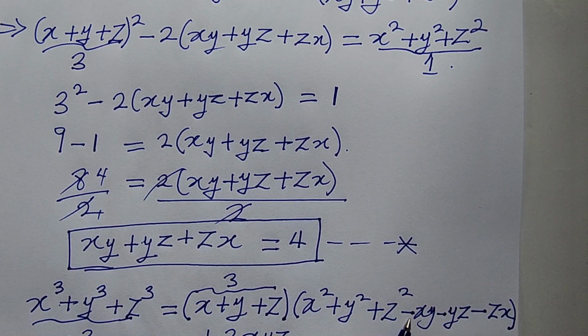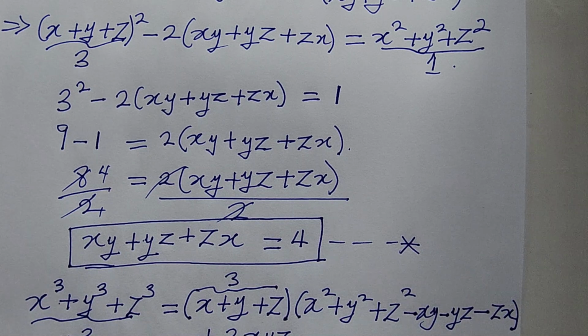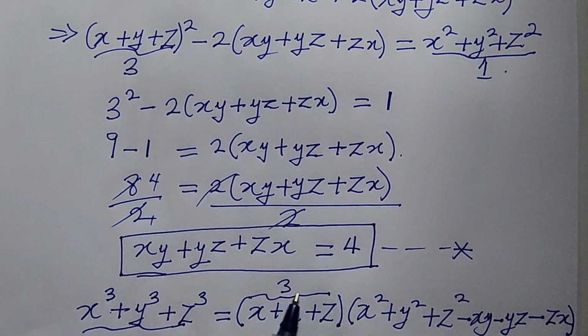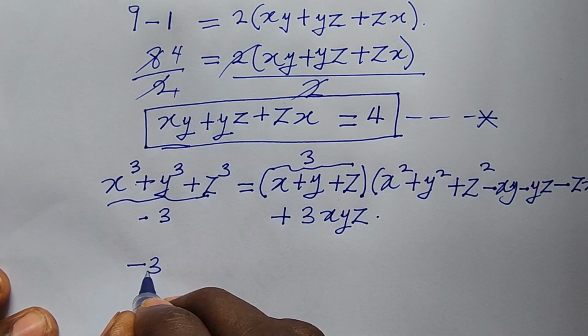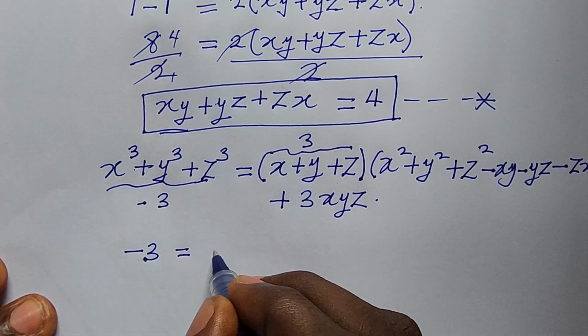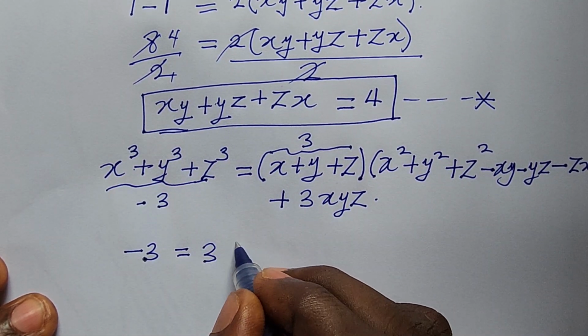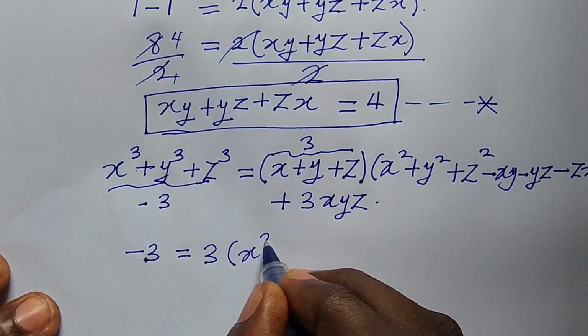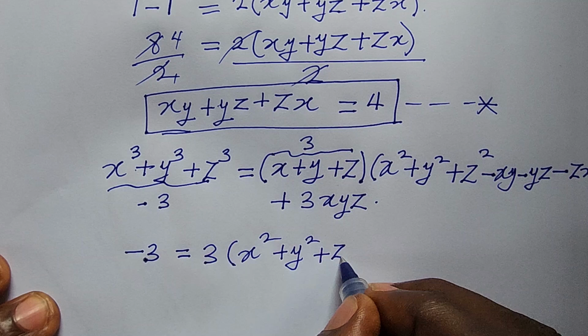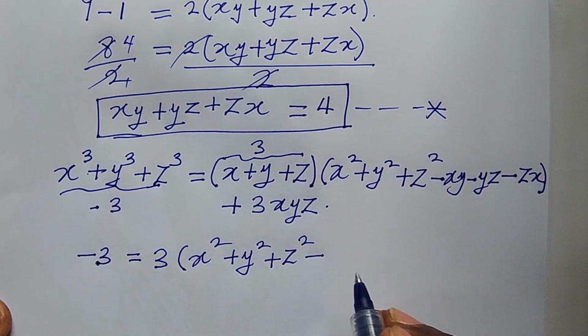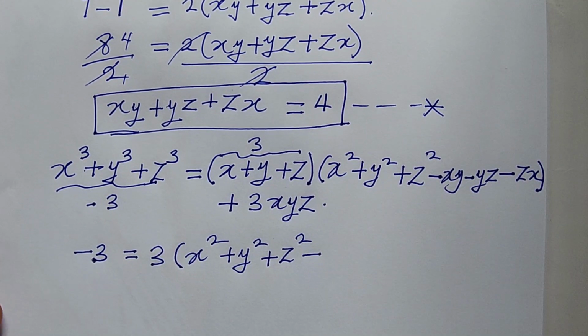Before we bring out this, let's just substitute this and see what this gives us. So we're going to have minus 3 equal to 3 times (x squared plus y squared plus z squared minus, I want to use minus to open up everything here.